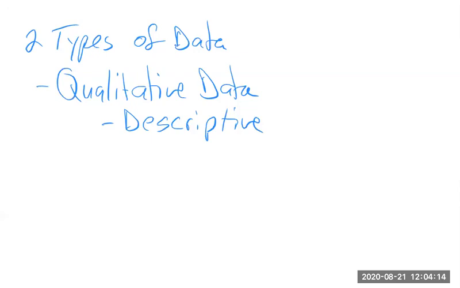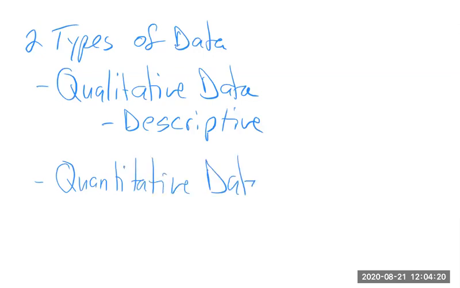The other type of data that we can collect is quantitative data. This data is preferred because it's number-based and it tends to be more informative. It just tells you more about the outcome of an experiment. Let's do a simple example. Let's say I were to ask somebody to describe what it's like outside, and they said it's hot.